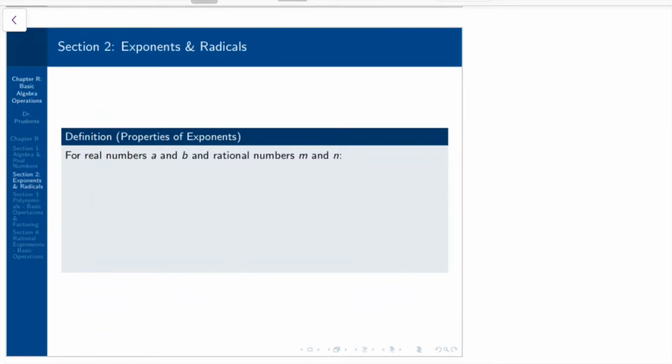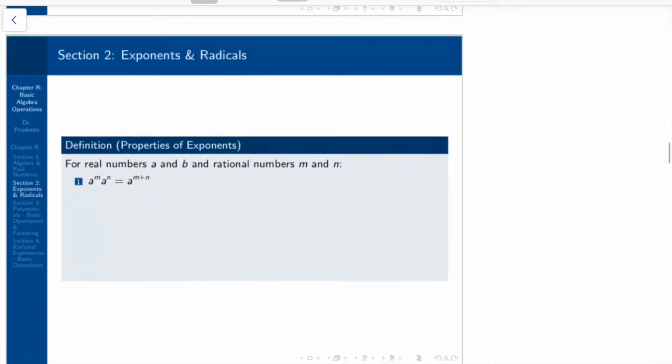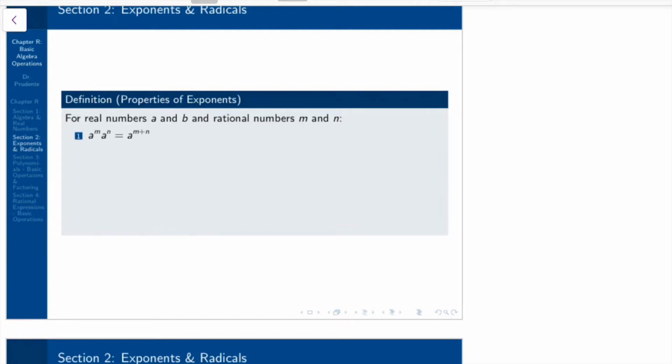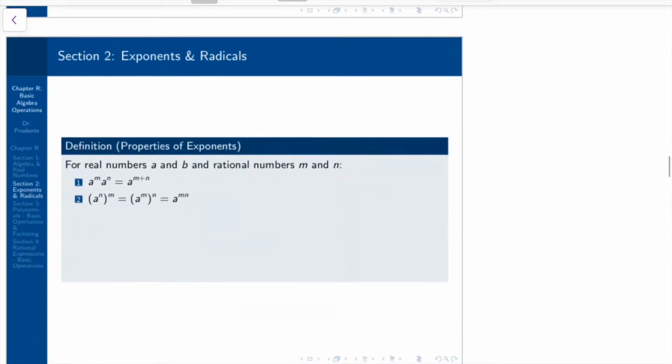Now if we have two things like a and b with exponents m and n, then we have the following properties. If our bases are the same and we're multiplying, then we just add the exponents. If we take a power, like a to the nth, and raise it again to the mth, we just get to multiply the exponents, a to the m times n.